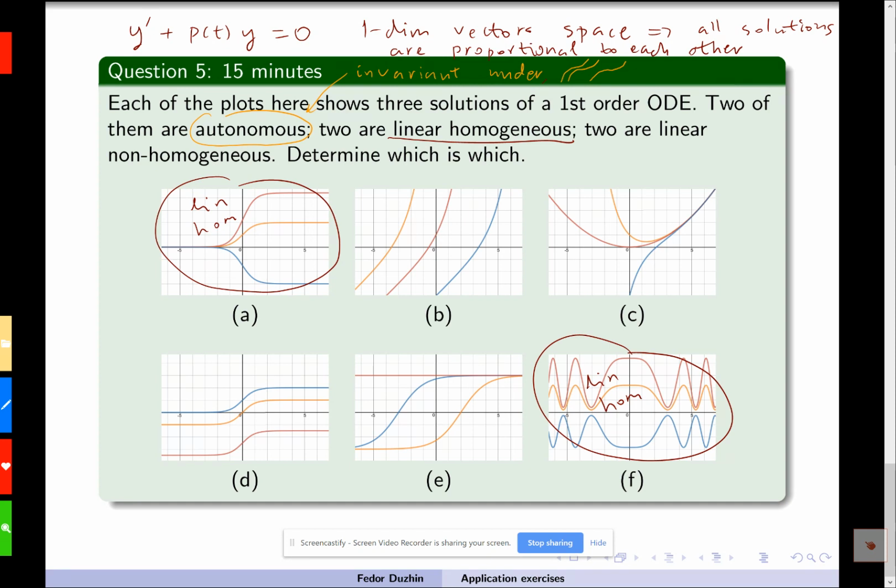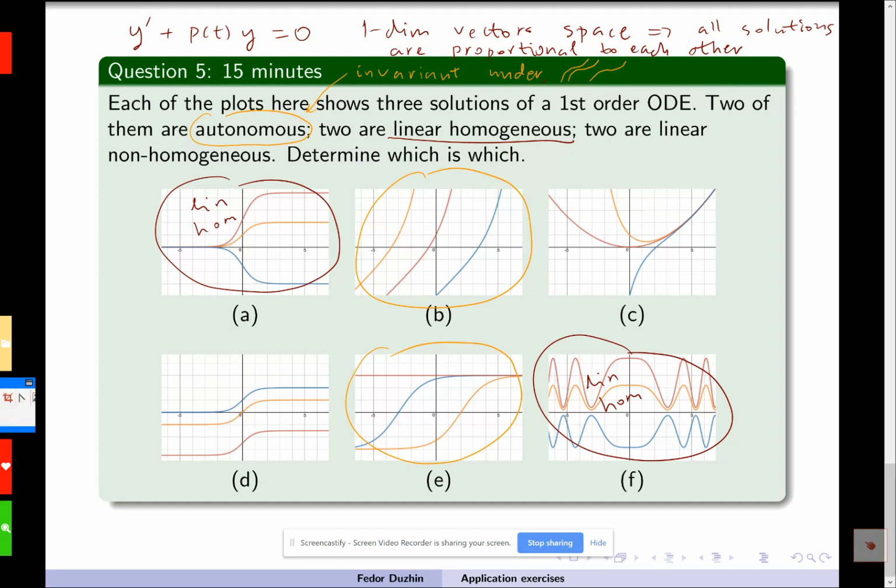Now, which of these pictures fits into this? Obviously B. In B, all these solutions are horizontal translations of each other. But also notice that E is like this, because in E we have two solutions that are horizontal translations of one another, and there is a constant solution. That is also possible for an autonomous equation. So B and E are autonomous equations.